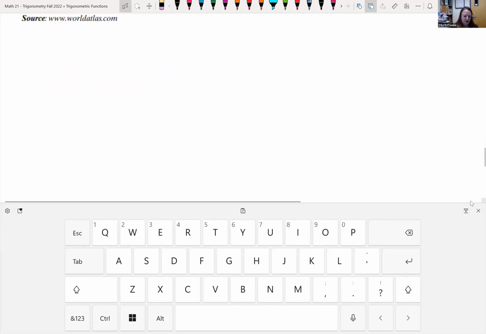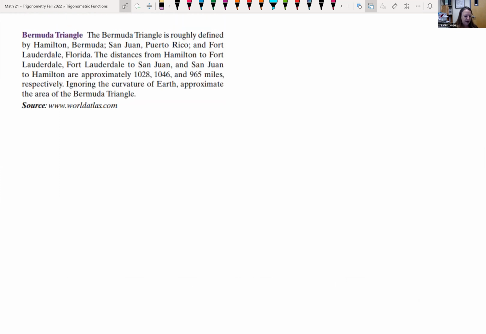Okay, so we know the three sides of the triangle. And so we know we need to figure out what S is. So S would be the sum of those three sides. So sum of 1,028 plus 1,046 plus 965. All of that divided by 2.